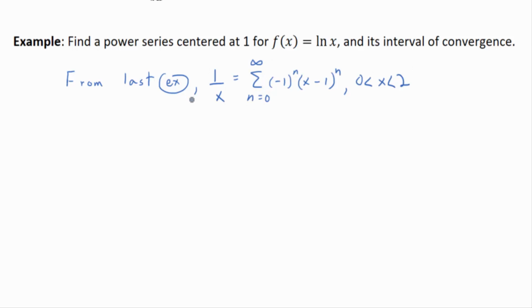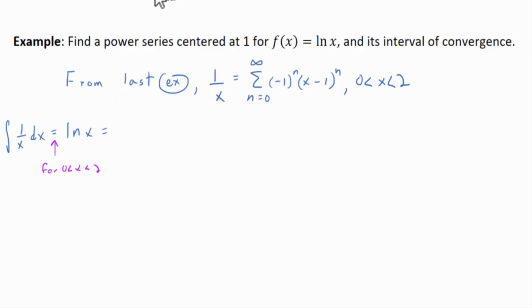So the idea is we're going to integrate it. So we know that the integral of 1 over x dx is going to equal the natural log of x for x between 0 and 2. That's certainly true.